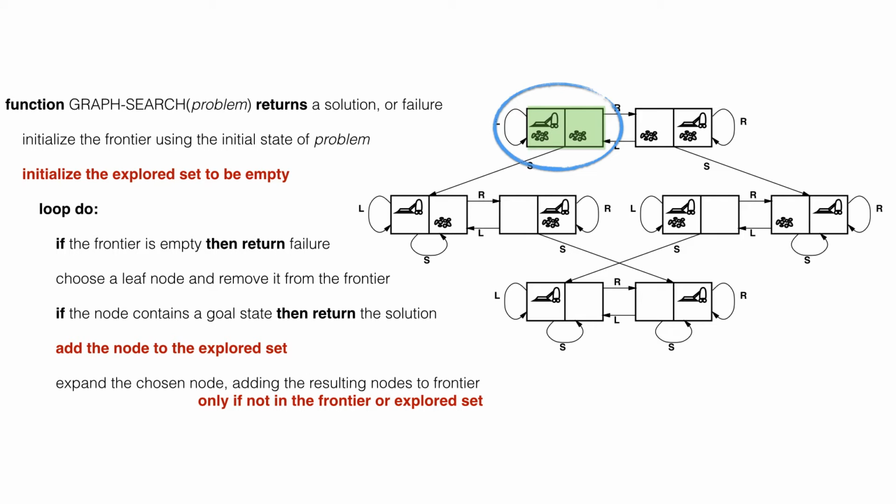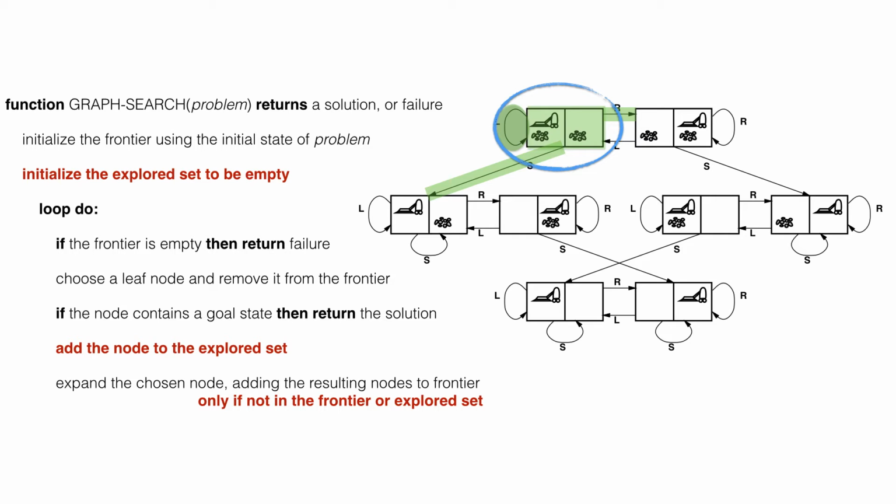Okay, now let's fully expand it. Let's look at all the different actions that are possible from here. I've highlighted the different actions. We can move right, we can activate the vacuum, or we can move left, which does nothing. And when we move left, we don't actually know that moving left doesn't do anything.